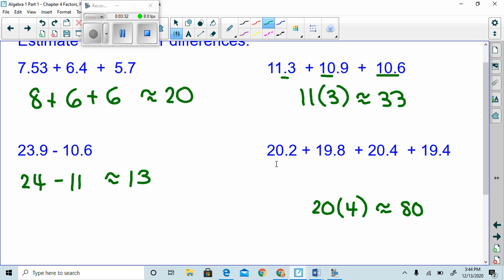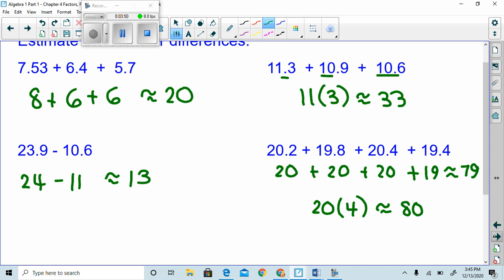Now what if you chose to round, for example? You would have 20 plus 20 plus 20 plus 19. So you would get approximately 79. And you see our answers are very close to each other. And that's an approximation or an estimation.